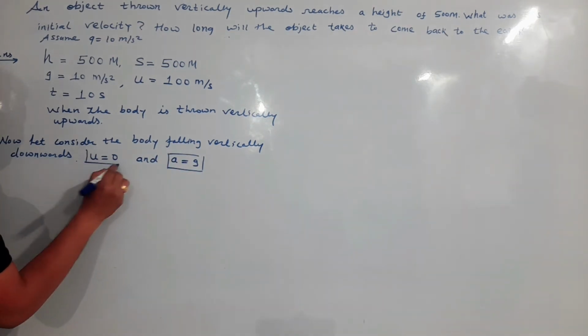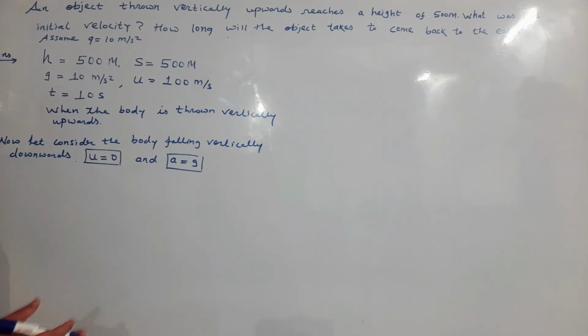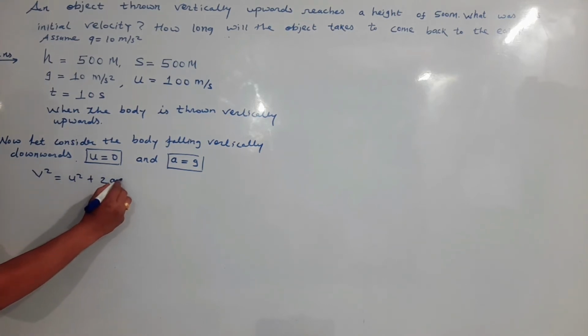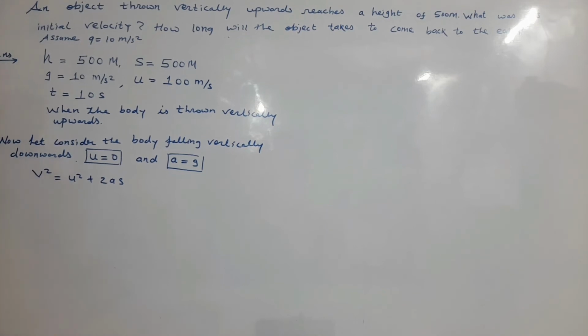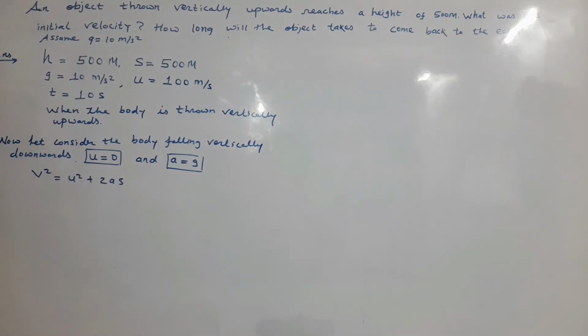My dear student, again we will consider the same kinematical equation which we considered while throwing the body vertically upward, and it is v square is equal to u square plus twice as. This is the kinematical equation which gives us the relationship between the velocity and the position of the body.